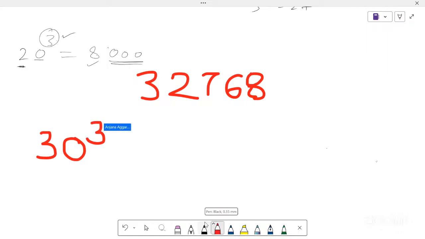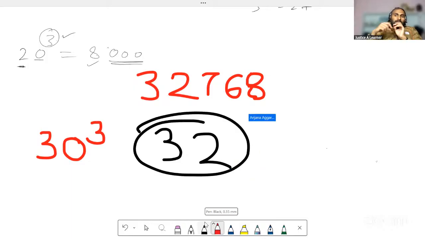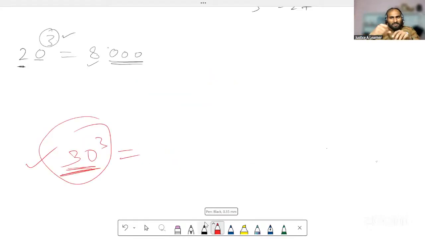Okay, so in this, the answer should be... Good job. Okay, so this is the way: firstly find the range nearest to zeros, and then just solve the question. That is the way.